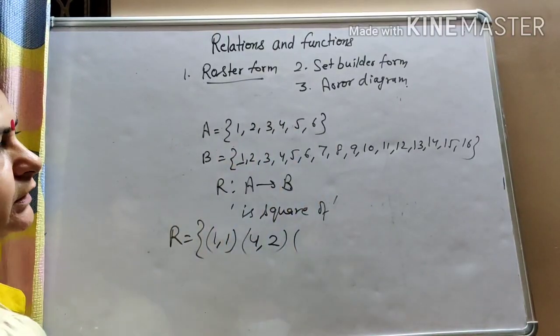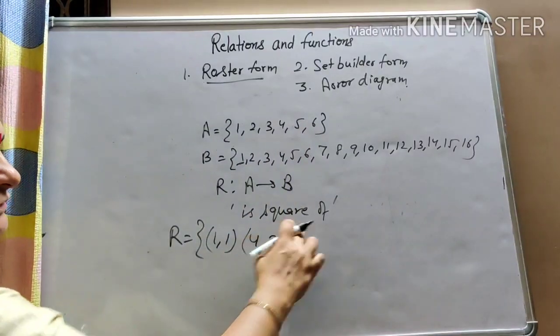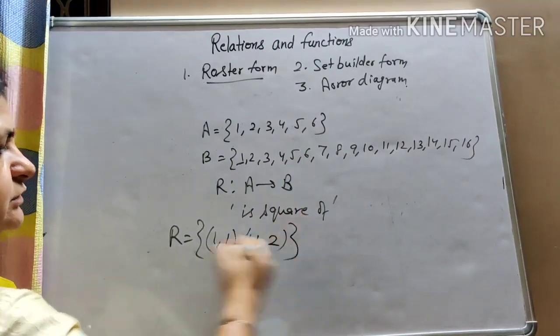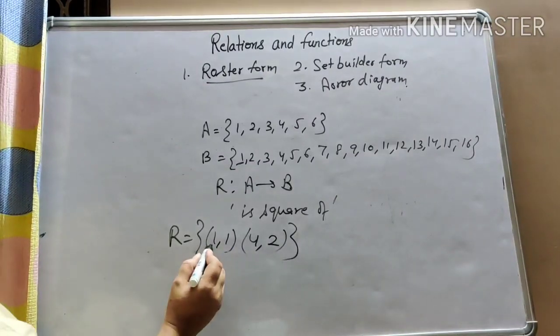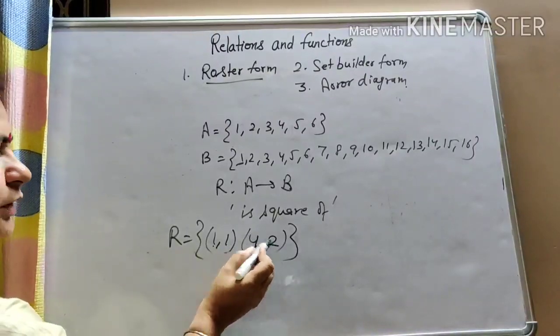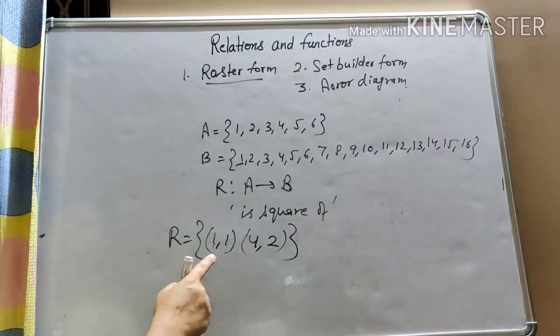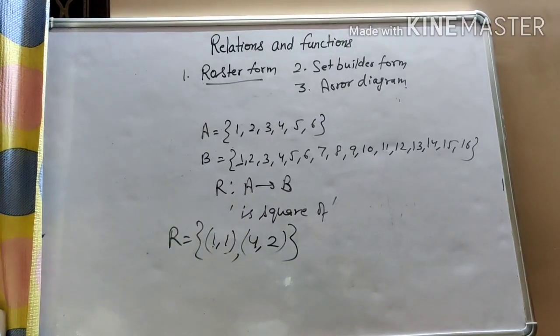We don't have root 5. 6 is the square of root 6. So in this relation we have only two elements, 1 comma 1. Now 1 is the square of 1. 4 is the square of 2. So here we have two elements in this relation.